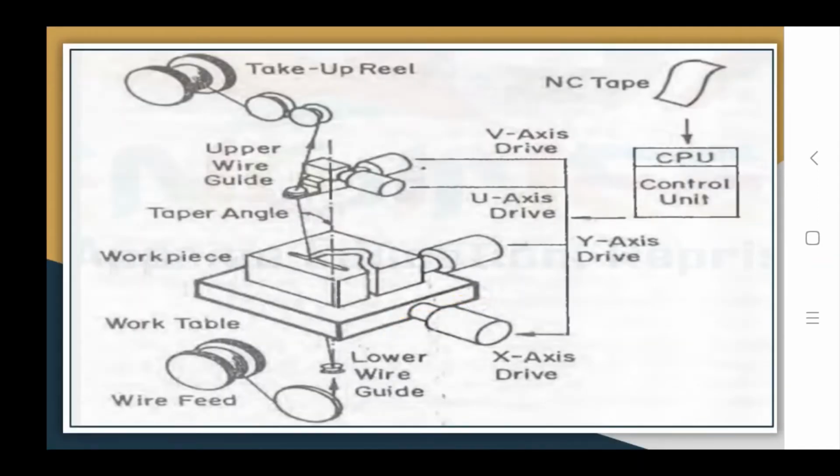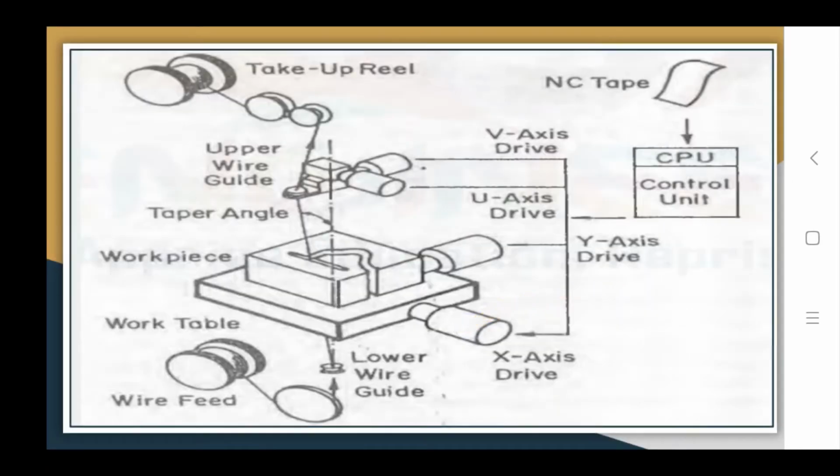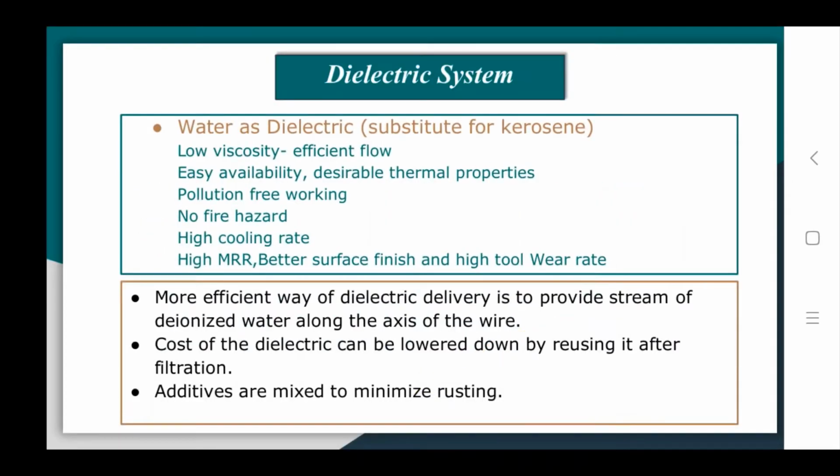Let us begin with the second component of the wire EDM system, that is the dielectric system. Here I have shown the dielectric fluid flow. I already told you that deionized water is used as the dielectric fluid in the wire EDM system.